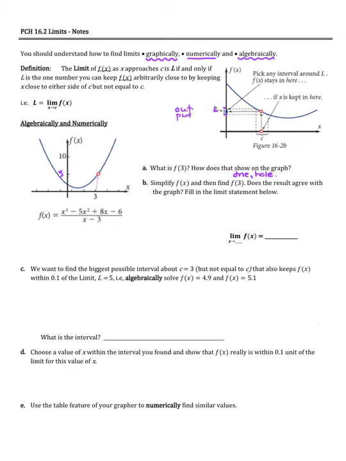Now, what I have below that graph is an equation, and we're going to simplify this equation so that we can find what that value of f of 3 was before it got removed. So we want to factor the numerator, and you might be like, how do I factor a cubic? We're going to do our synthetic division to see what that would be.